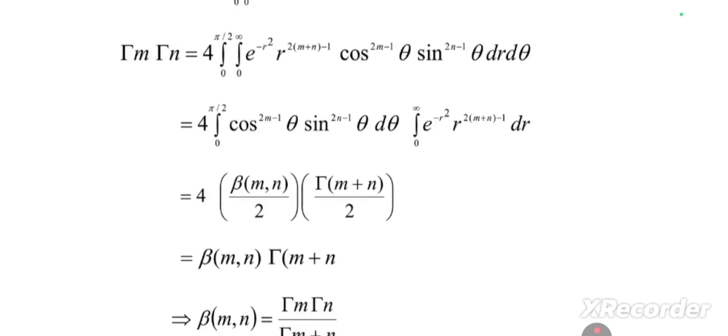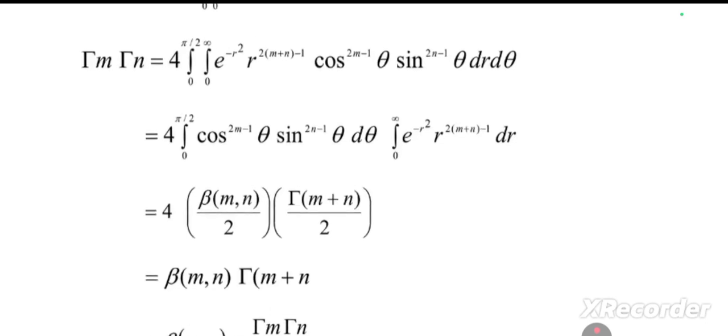So we are having three r values, that is r power 2m minus 1, r power 2n minus 1, r power 1. So plus 1 minus 1 get cancelled. The remaining is r power 2m plus 2n minus 1. Next is cos power 2m minus 1 theta into sin power 2n minus 1 theta into dr d theta.